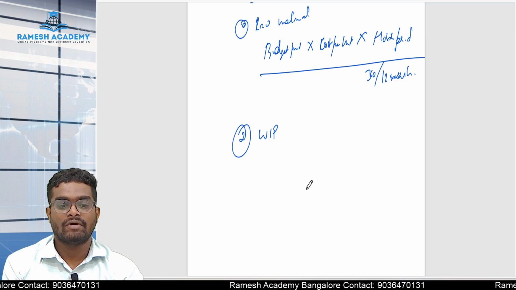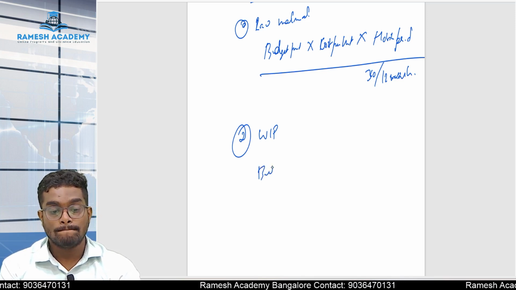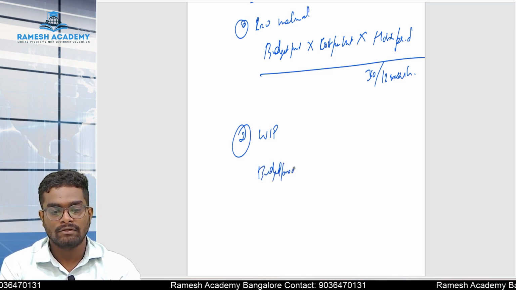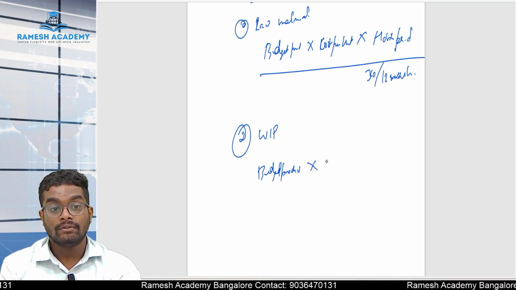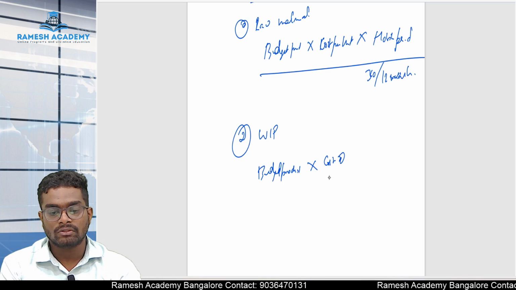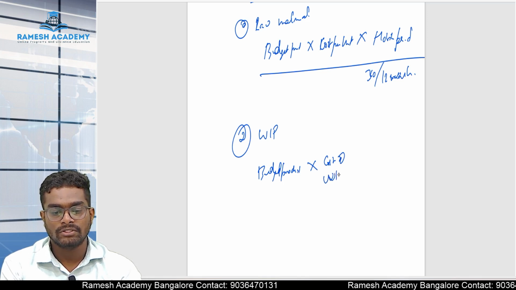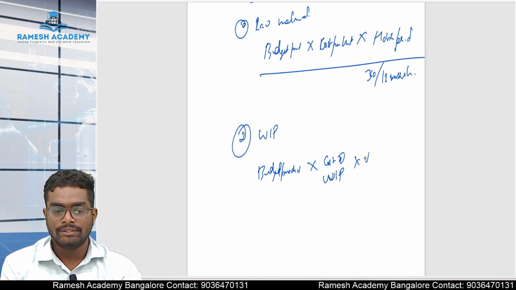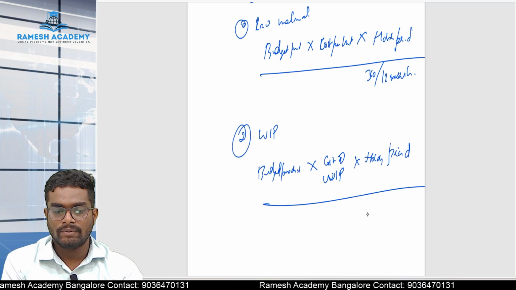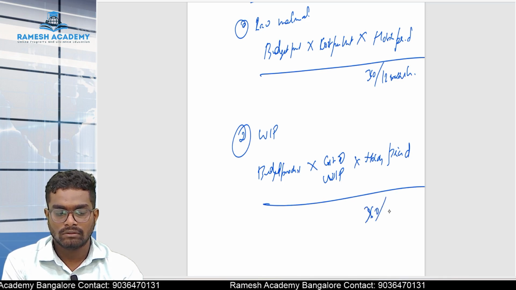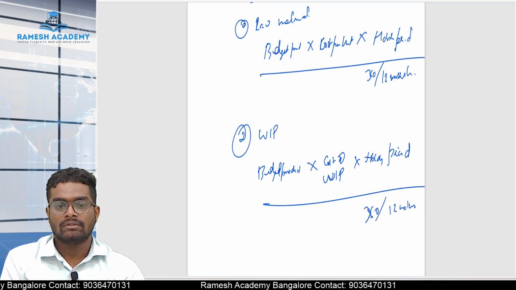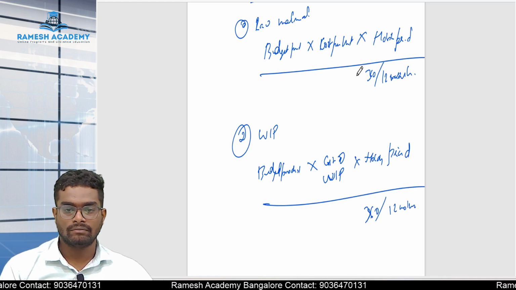Here also the formula is the same: budgeted production, how much we are planning to produce, into cost of WIP. So cost of WIP will obviously be cost of production into holding period divided by 360 or 12 months. Okay, please write it down.